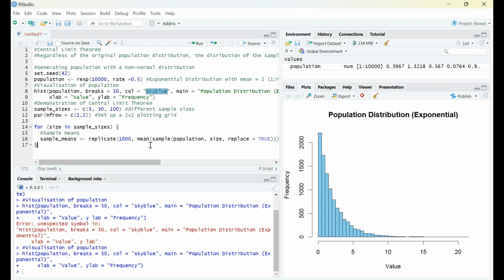Now we'll create a histogram of these sample means. Plot the histogram of sample means. Hist sample means, breaks bins, color. Let's give light coral.